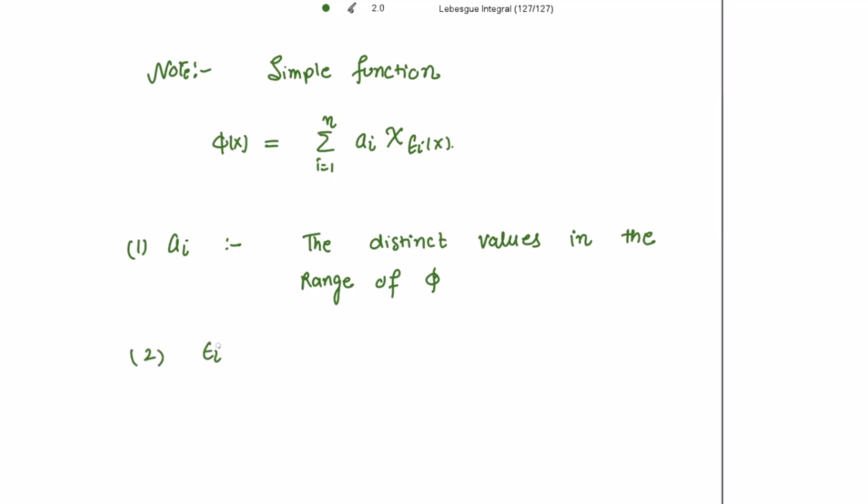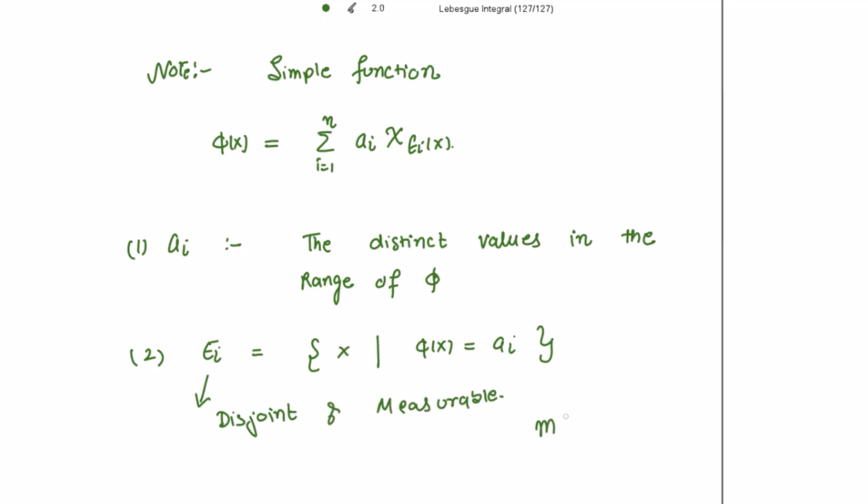Secondly, we take ei to be the set of all those points such that phi of x is equal to ai, right? In its canonical form, these sets are disjoint and measurable. So if you take the measure of the union of all these ei's, you will be getting this to be equal to the summation of measure of ei, right?